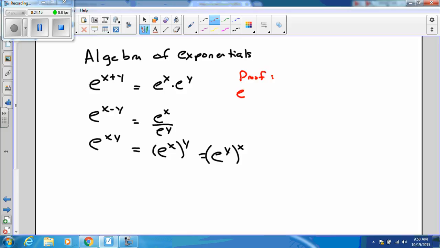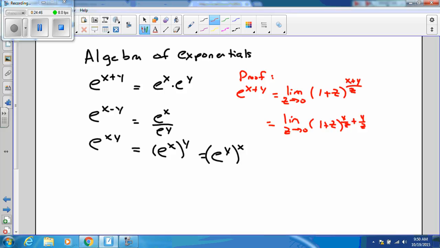If I take the left-hand side and write it in terms of my z form, the limit as z goes to 0 of 1 plus z to the x plus y over z, just like that. Then it's clear that that is the limit as z goes to 0 of 1 plus z to the x over z plus y over z, just distributing here.